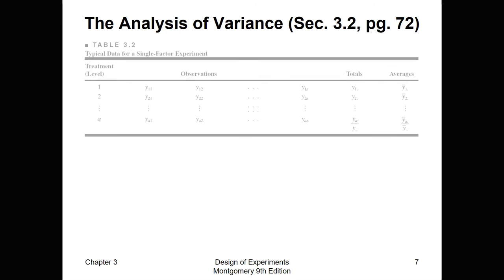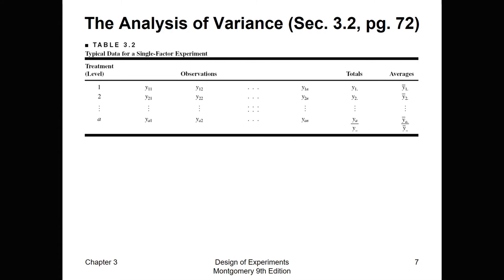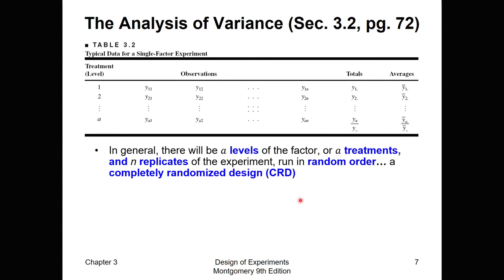So for the analysis of variance, what kind of data do we have? Well, typically we have a different degree of observations and some treatment levels. So the notation's going to change, but we're going to, in general, have A levels of the factor. So factor level 1, factor level 2, factor level 3.